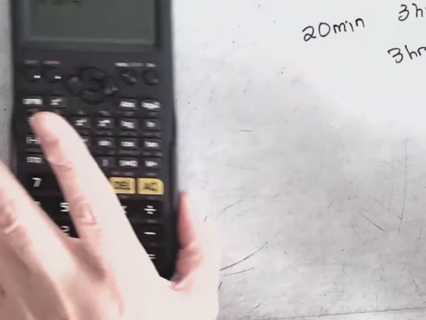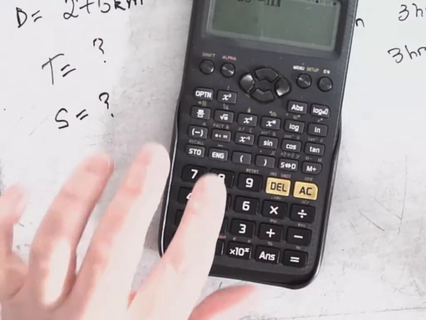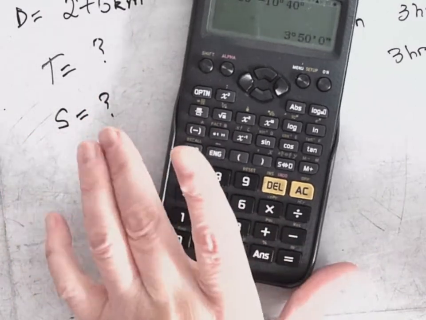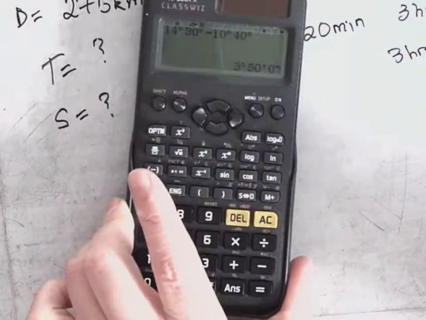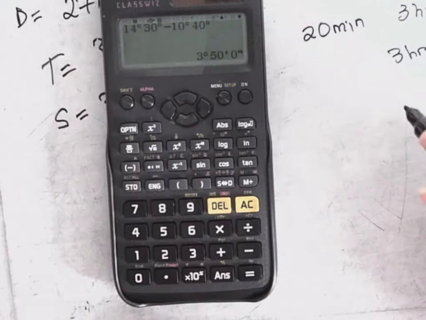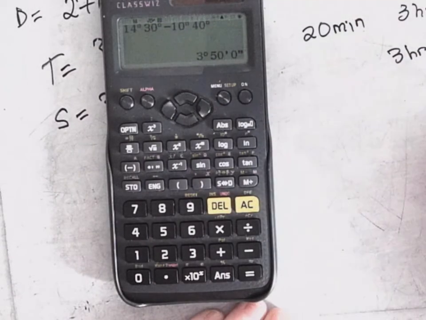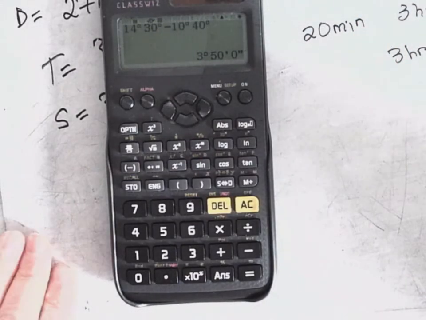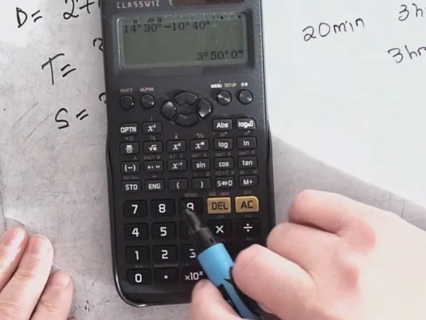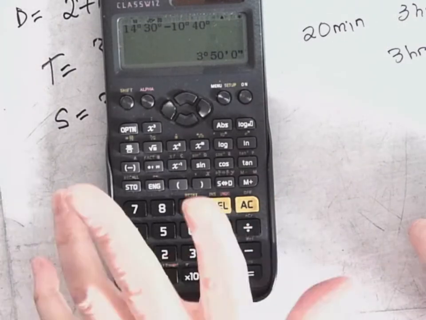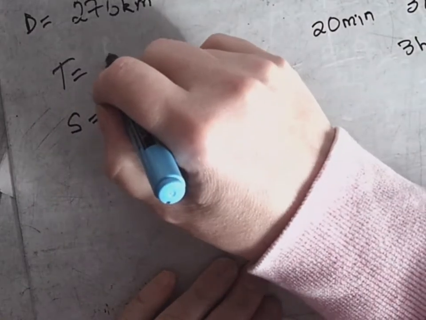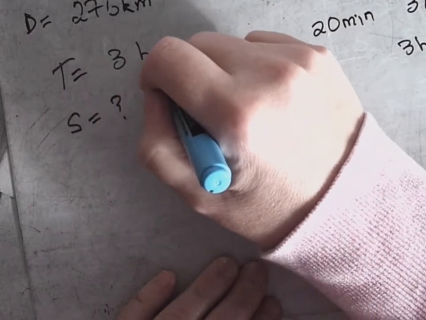Take away 10 hours, 10 hours and 40 minutes. And it'll give you the time there, 3 hours 50 minutes. So look, I added wrong, sorry, 3 hours 50 minutes is what the journey is. I've written it down, right? Is that okay? So don't be afraid to use that button on the calculator. I personally think it's brilliant. So the time, girls, is 3 hours and 50 minutes.